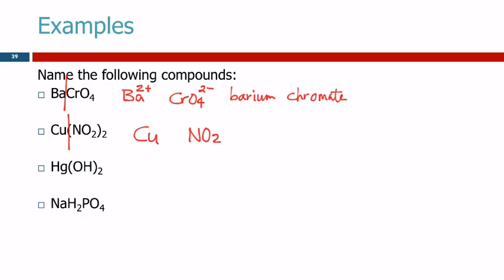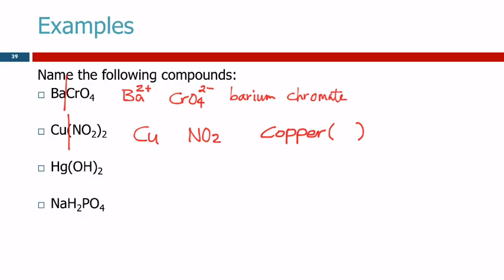No. Therefore, it needs a Roman numeral. So copper needs a Roman numeral, and then we've got this guy. If that was all by itself, we'd call it nitrogen dioxide. But this is an ion. I just haven't written the charge on because maybe we don't remember the charge.